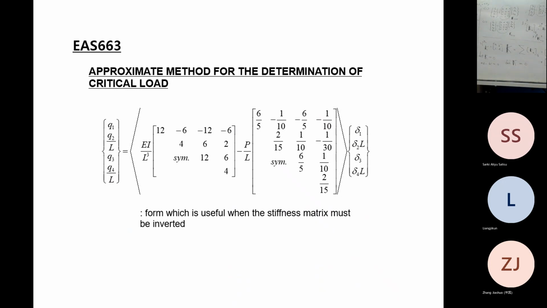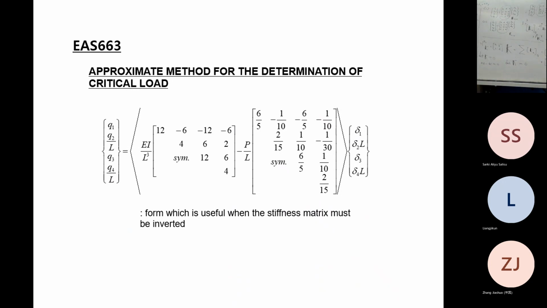So be careful, especially if you are using symbols. If you are given numbers, like 6 meters, 8 meters, then you use that 6 meters, 8 meters. But if you are using L, 0.5 L, 0.8 L, you have to be careful with this L. This L is not the structure, but the element L. So that is the thing I want you to take note of.